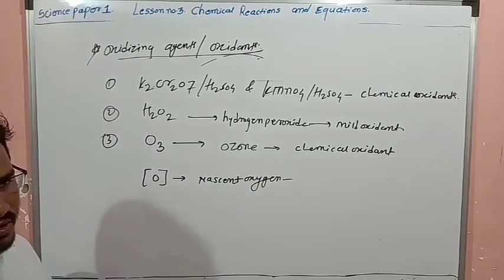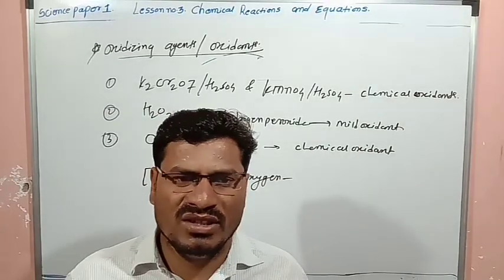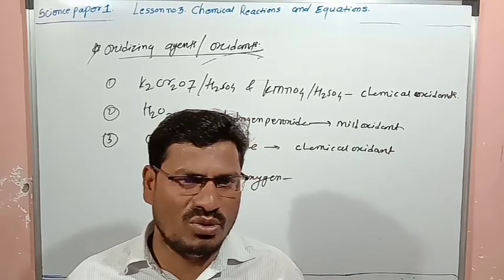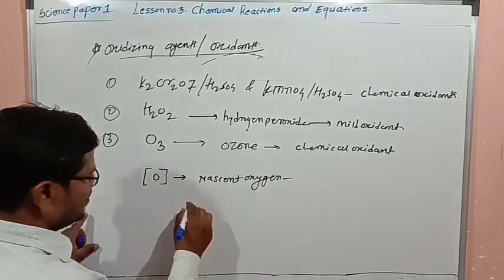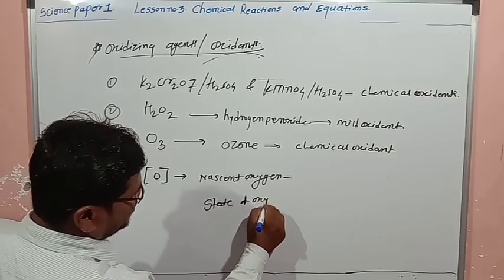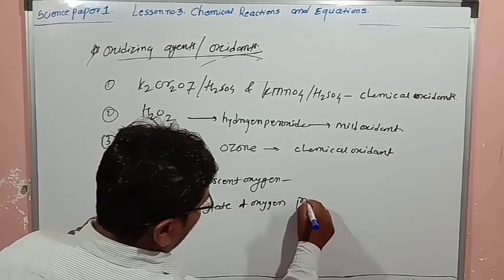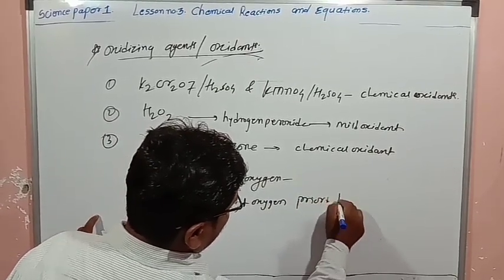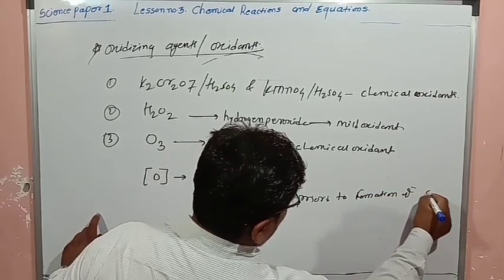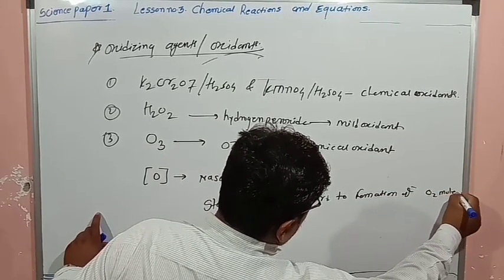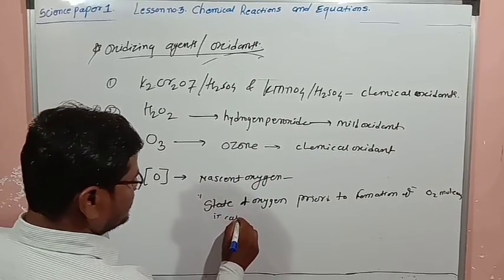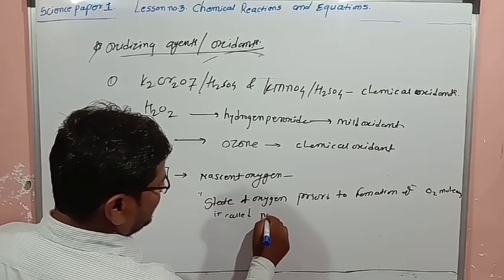For the oxidation reaction. So what is meant by nascent oxygen? Nascent oxygen is the state of oxygen prior to the formation of the O2 molecule. The state of oxygen prior, meaning before, the formation of the O2 molecule is called nascent oxygen.